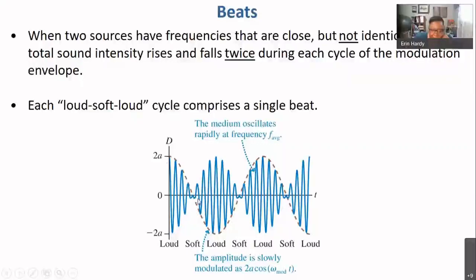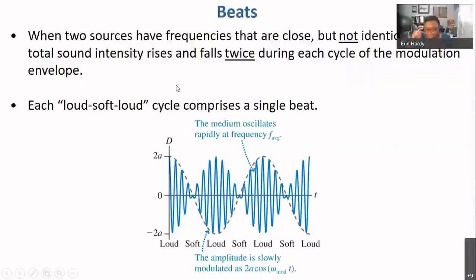And it's modulated. So there's this underlying period, but we can still see that the dotted line that represents the envelope that encloses this behavior is undergoing its own loud, soft, loud modulation. And the underlying period of the blue wave is going to be whatever the average period of the two tuning forks would be.